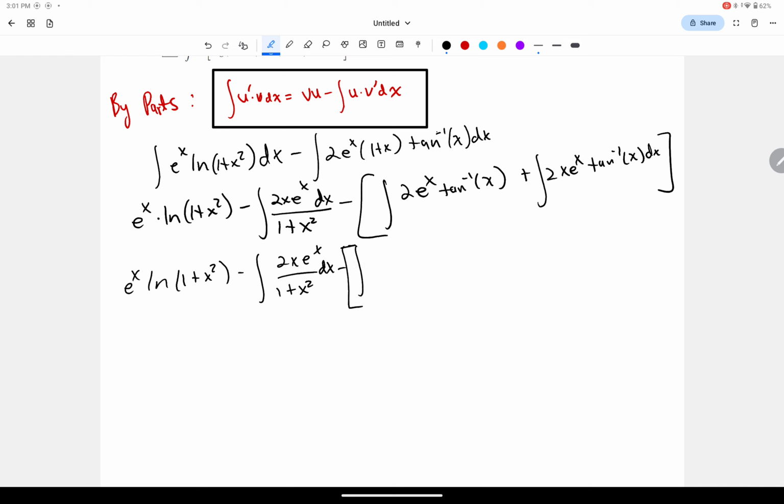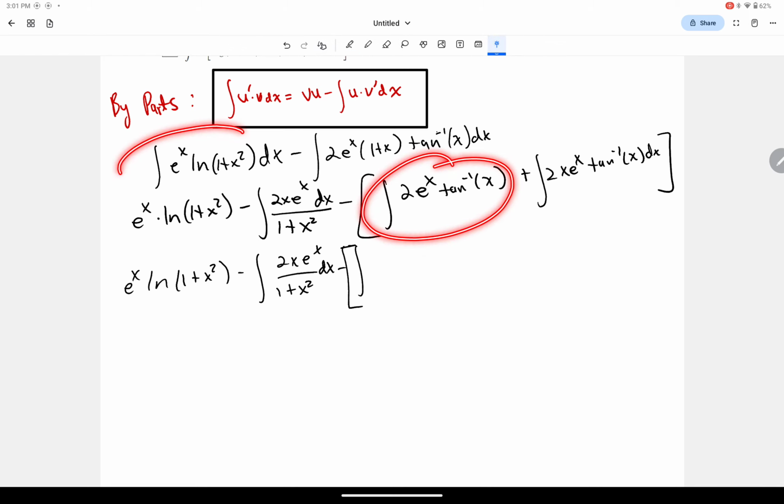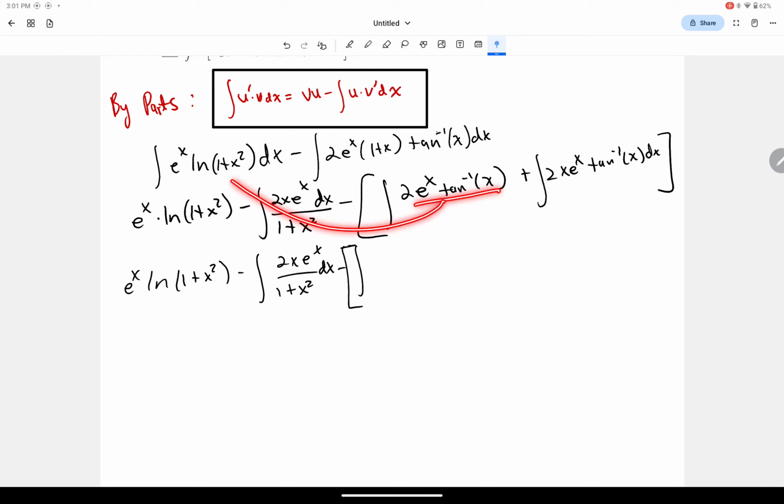If I look at the inside function, it is very similar to the outside function that we had right here. So since it's very similar, I'm going to integrate it using a similar strategy. The integral of 2 e to the x is just directly 2 e to the x.